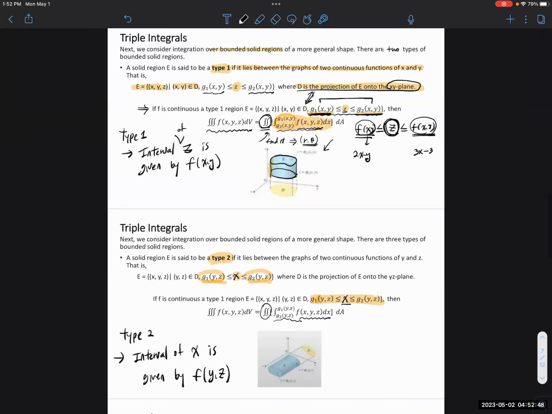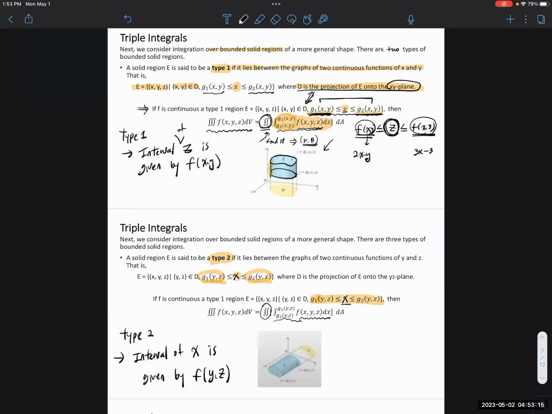Honestly, when you solve the question, it doesn't really matter which one you use, type 1 or type 2, because your goal is to find all the intervals for x, y, z anyway. The textbook is just showing you the theorem. So just be aware there are type 1 and type 2, and check which interval is given. Then you can begin to set up the intervals and decide which one you have to do first.